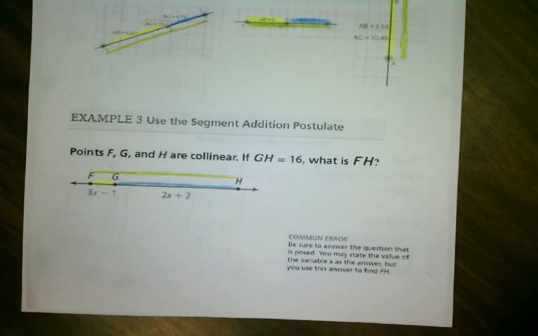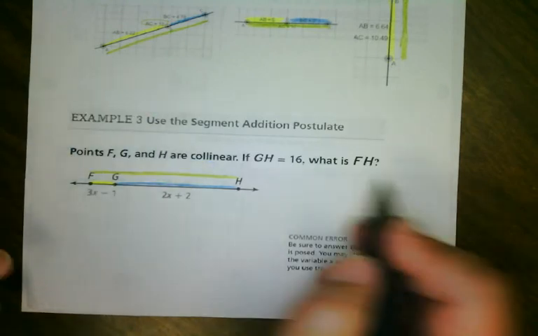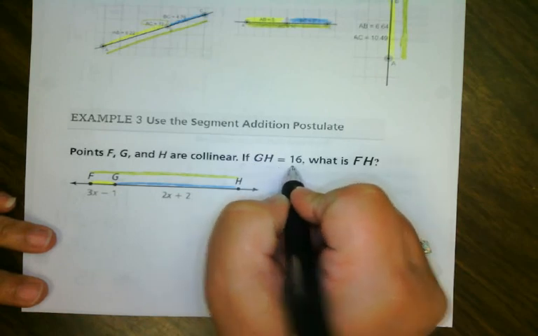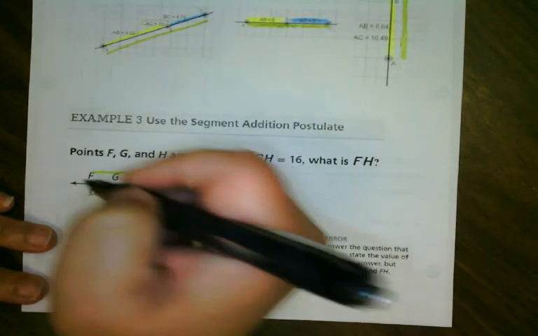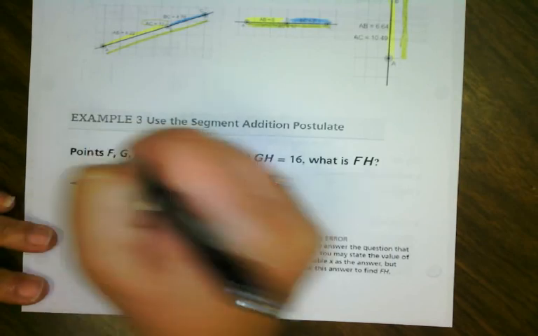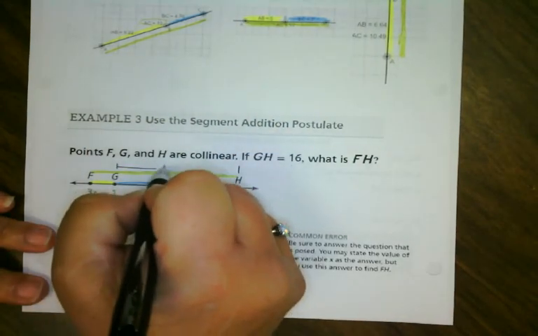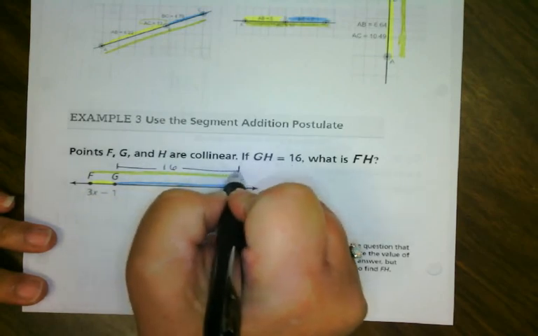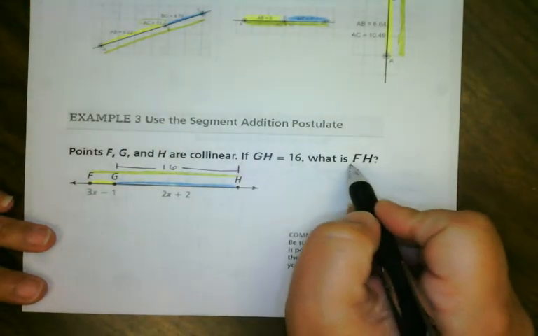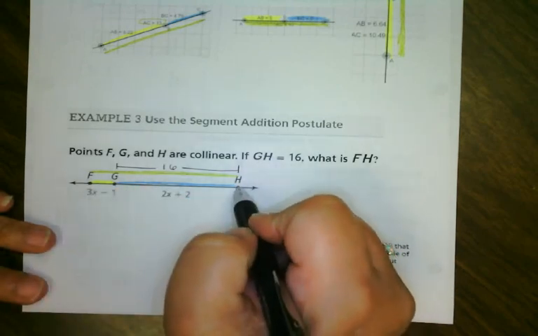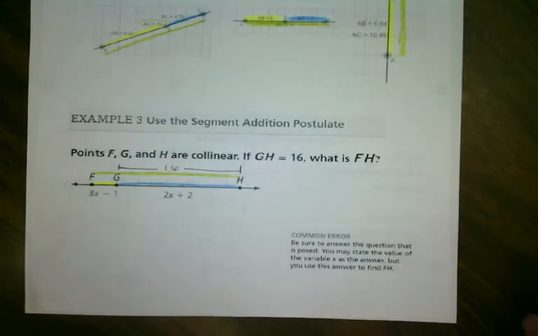So, that was given information. This is given. It says if GH is 16, so from right here to right here, that is equal to 16. What is FH? F all the way to H. I have to find a few things here.